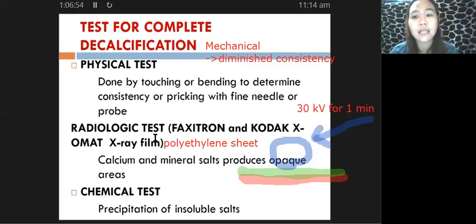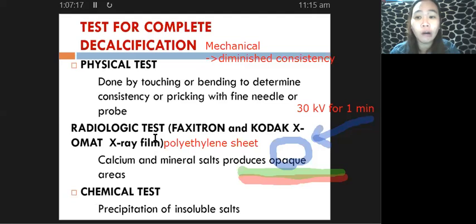Say, for example, you made use of Heidenhain-Susa as your fixative. Then if you need to perform decalcification, you cannot perform the radiologic test to determine if complete decalcification has been achieved.